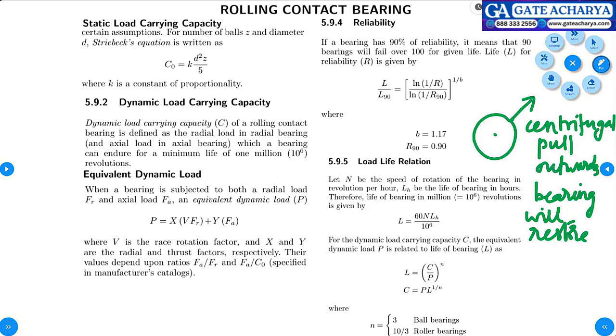The outwardly going shaft will be pulled back and kept under proper alignment. That is centripetal. The rotational pull outside is called centrifugal. That's the reason we are using bearings. Else the shaft will fly away.